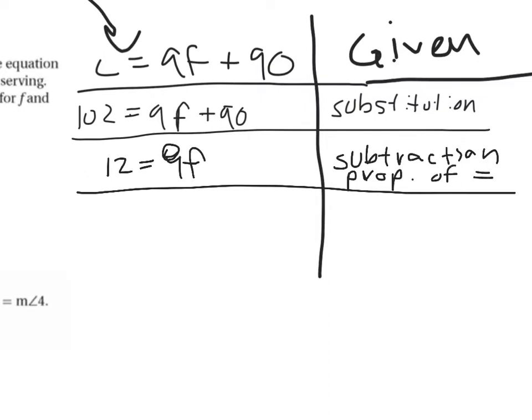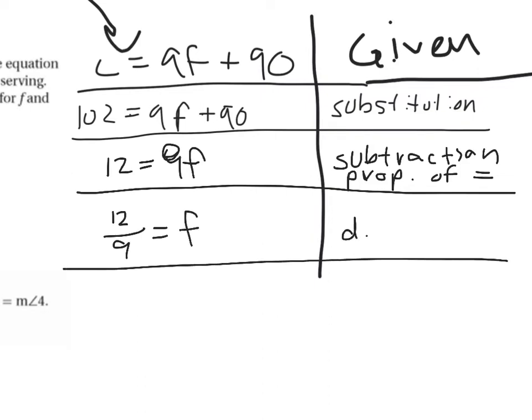Now remember, it's the property of equality because we are subtracting on both sides of the equal sign. And now we divide both sides by 9 to get 12 over 9 is equal to F. And on this step, we use the division property of equality.